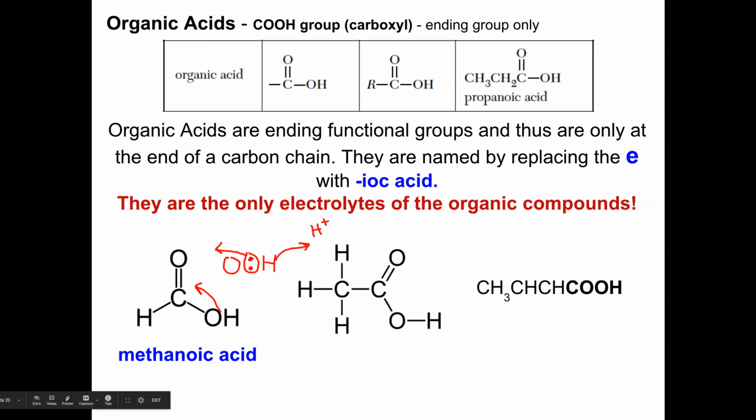Another reasoning, if you lose the H, what do we have here? We have a C double bonded to an O, and then we're going to have an O, and it's going to have 3 lone pairs, which makes it negative, and it's going to be bonded to something else. Well, who's to say this can't be single bonded? So this has resonance structures.